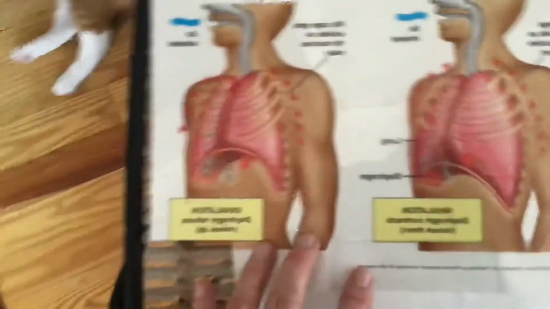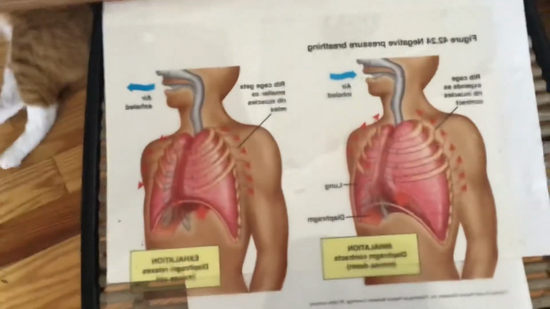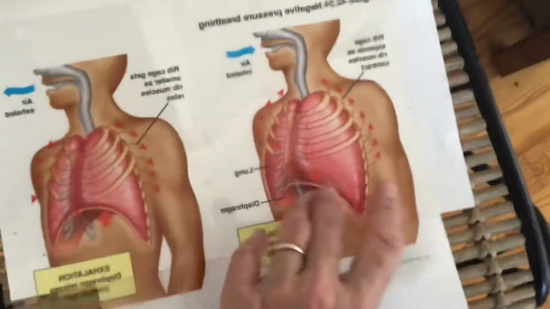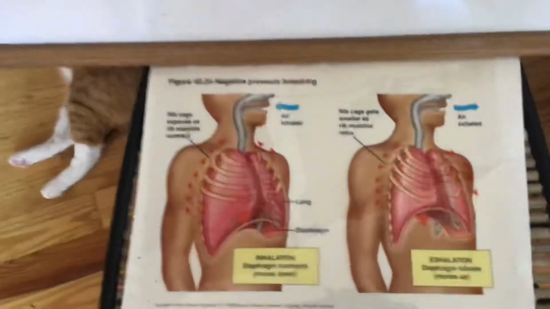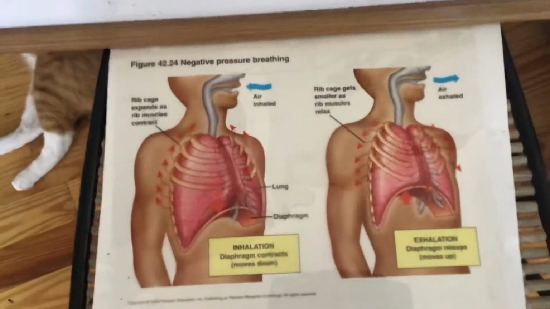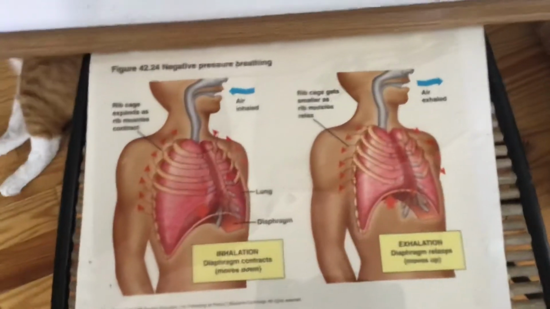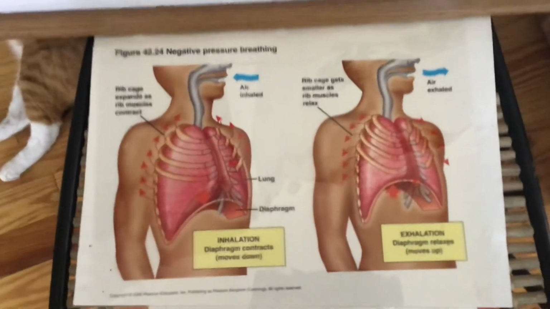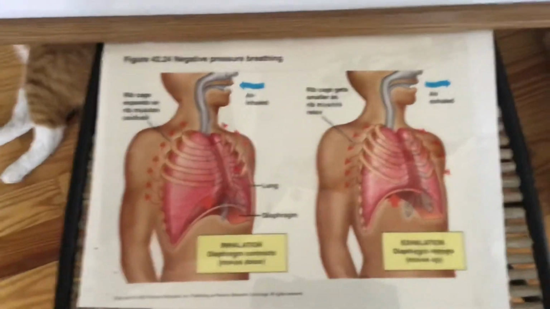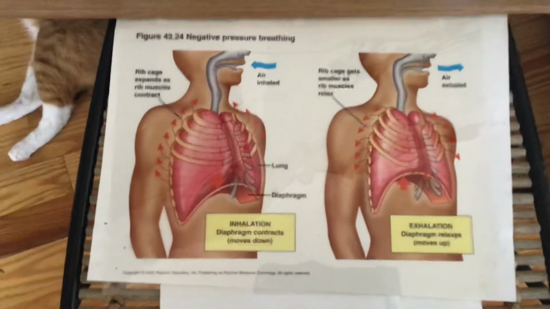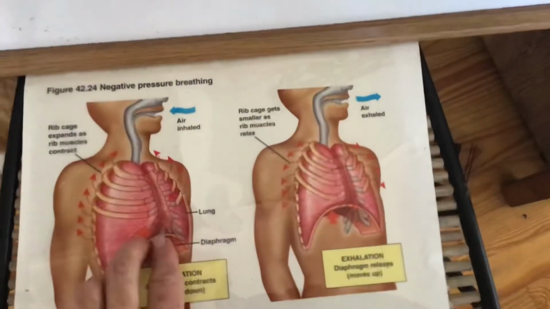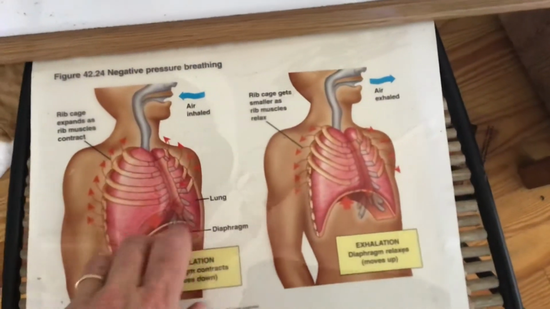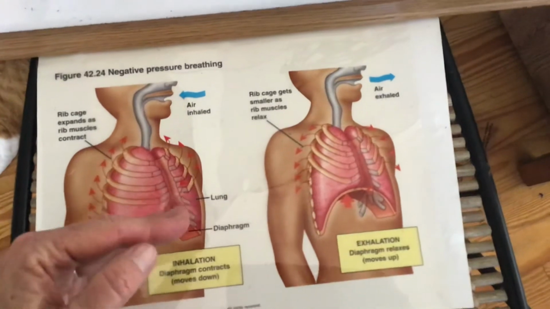Now, in the lungs, we'll talk more about the structure of the lungs, but this is just talking about breathing. I think I have this backwards again. Okay, this is something that we do. We call this negative breathing. So what is happening here to get oxygen into our lungs, and that is also to allow CO2 to go out, is we take the diaphragm, which is on the bottom part of the lungs, and we pull it down.